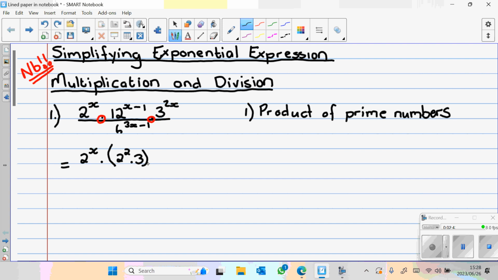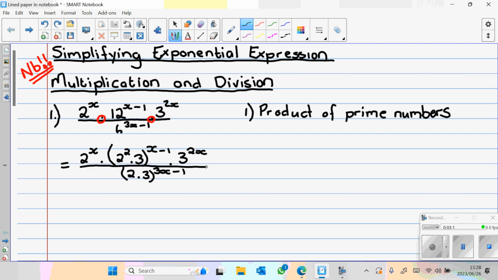And I get that on my calculator. And then I still write the x minus 1 at the outside as a power to the bracket times 3 to the power of 2x divided by 6, which is 2 times 3 to the power of 3x minus 1.